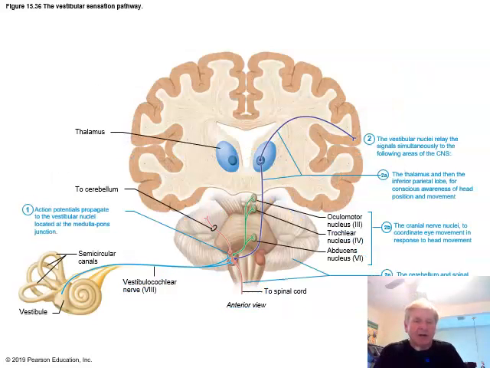So your action potentials will propagate to the vestibular nuclei located in the medulla pons junction, as you can see from your image. Then the cerebellum and the spinal cord will coordinate the muscle movement that maintains balance in response to this head movement.